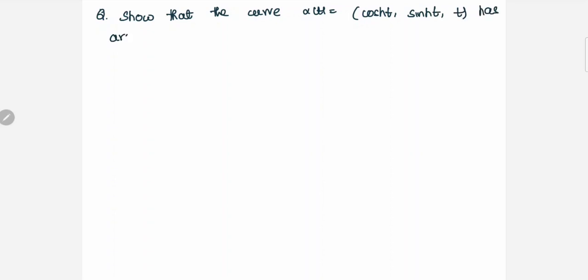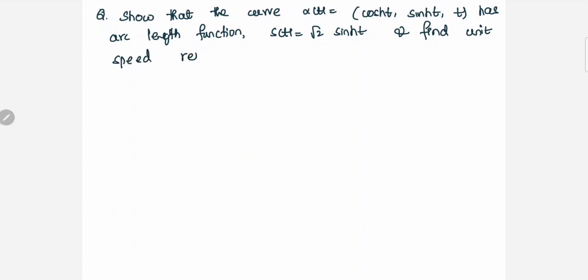The question is, show that the curve alpha of t equal to (cosh t, sinh t, t) has arc length function s of t equal to root 2 sinh t, and find the unit speed reparameterization of alpha.